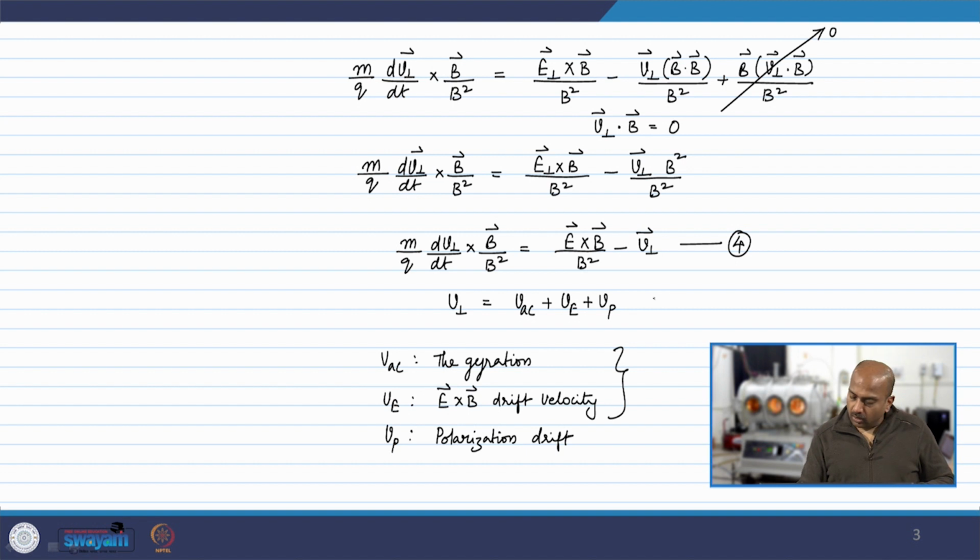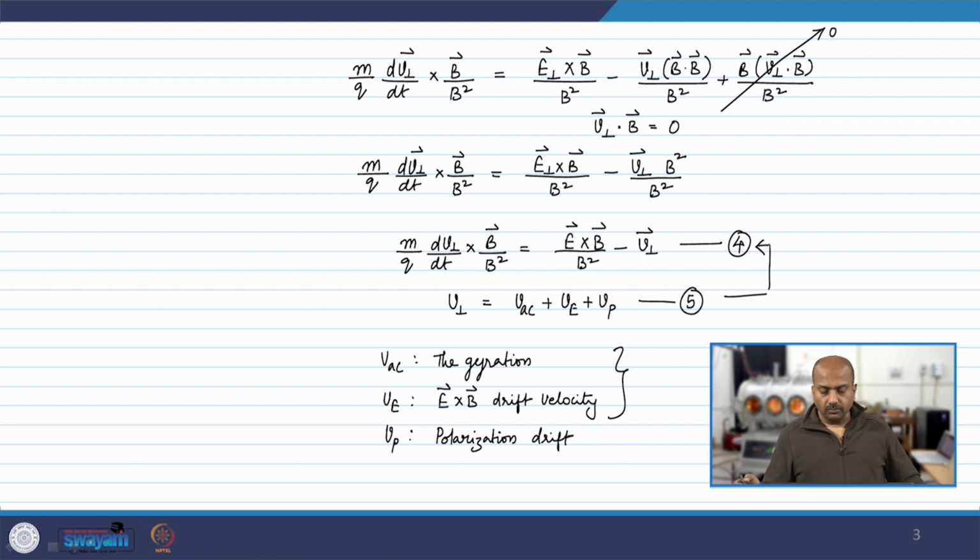Now let us call this decomposition of velocity equation number 5, and we have to substitute equation number 5 into equation number 4, right.